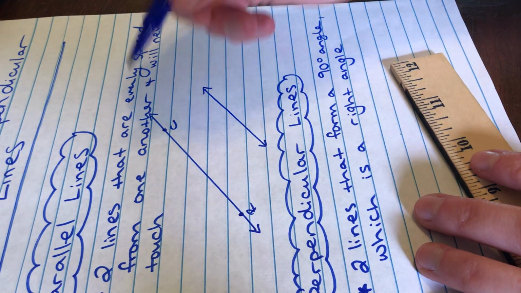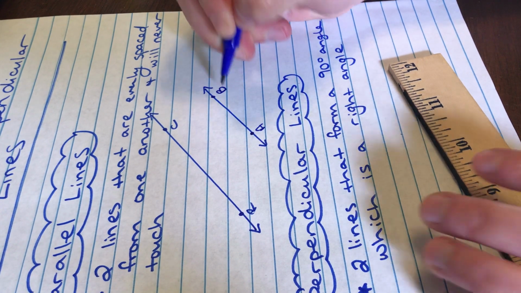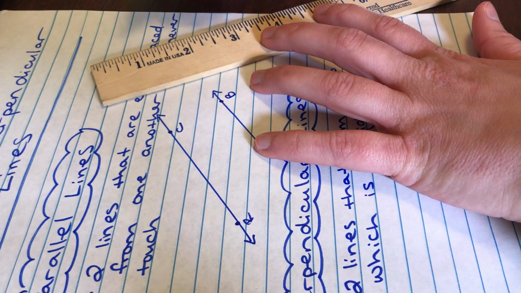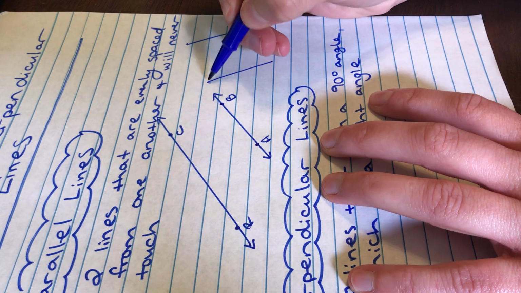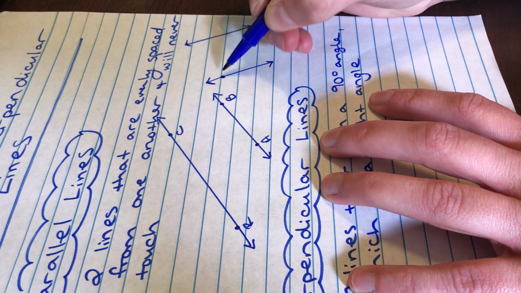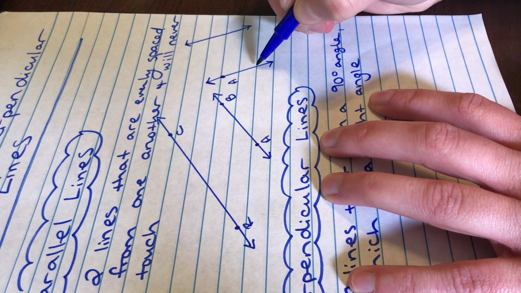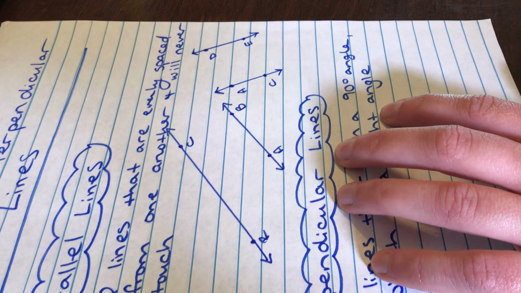All right. And not only that, but I just want to make sure that you do know that parallel lines could go this way. And I'm just naming them randomly right now.